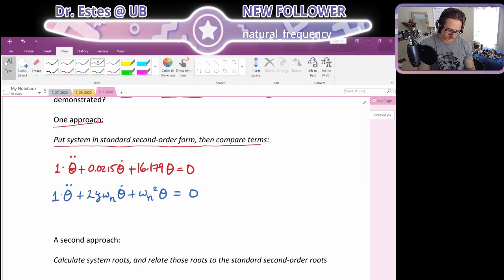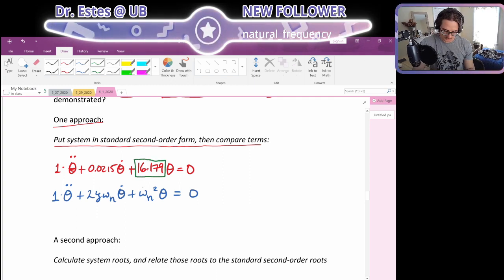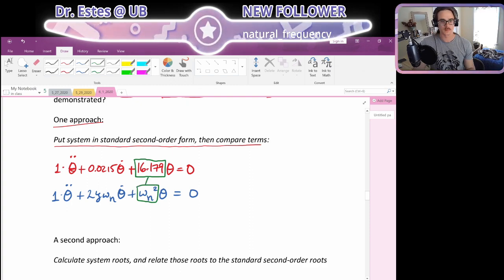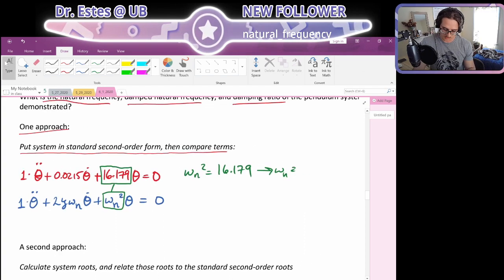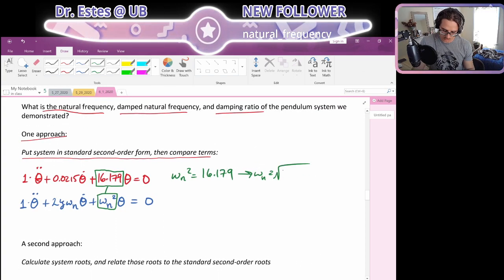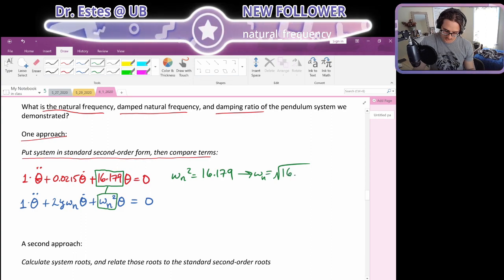And so what we can do, you can probably already see this. If I want to solve for the natural frequency, I compare these 2 terms. So omega n squared is 16.179. So my natural frequency is the square root of 16.179.